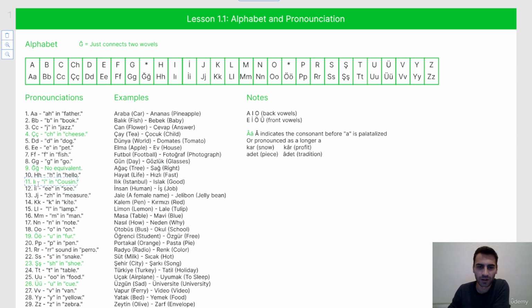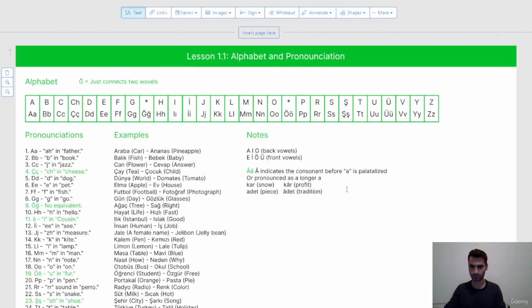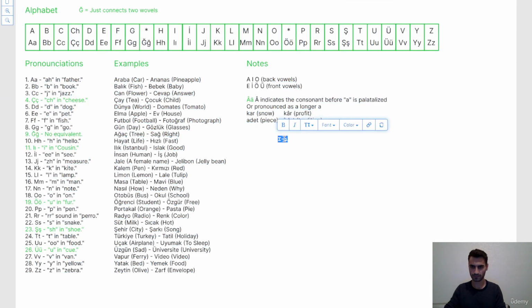Okay, H is like that. There are two I's, like in cousin, this one, and this one without a dot. So let me show you. This is like in cousin.